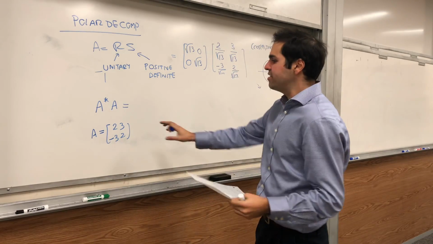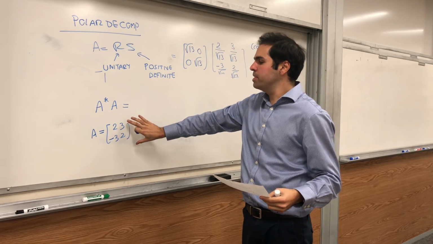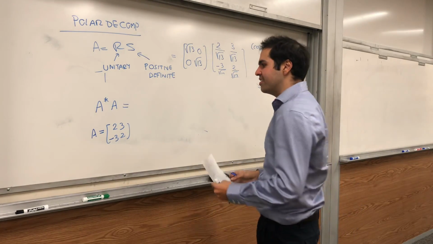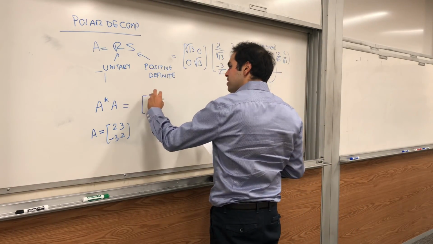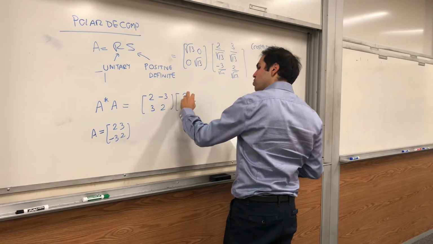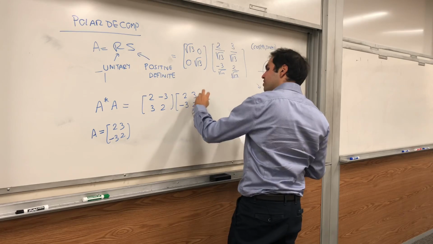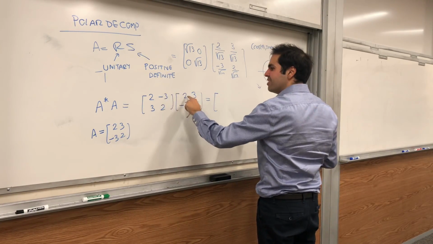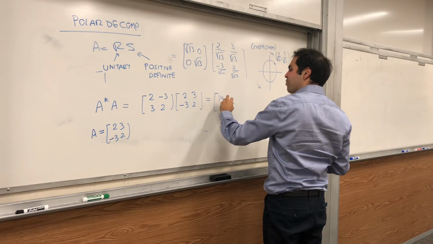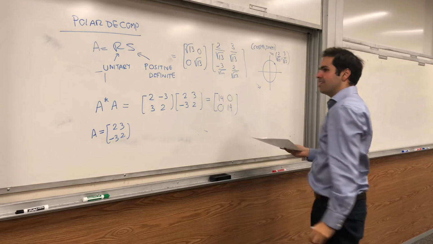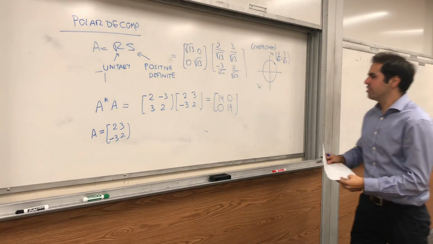A star just means A transpose, but if it's complex, you put the conjugate on it. Here it's real, so it's 2, minus 3, 3, 2, times 2, 3, minus 3, 2. If you actually do this, you get something very nice. 4 plus 9, which is 13, 0, 0, 13.